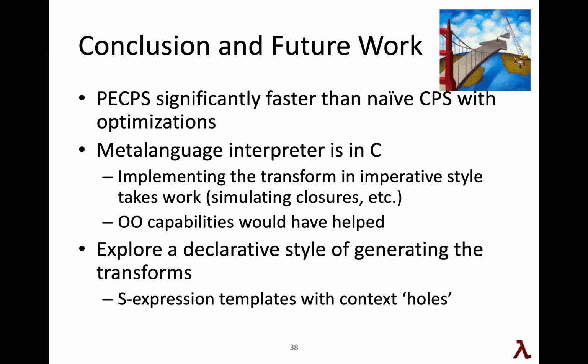The other thing is that since the implementation language is C, the transforms have to be implemented in an imperative style. So this took some work, simulating closures and so on. Using something like C++ would have helped in realizing these implementations more easily.